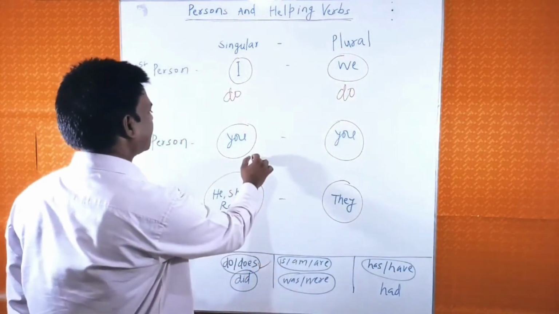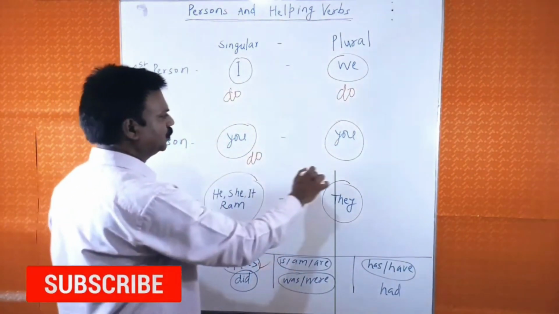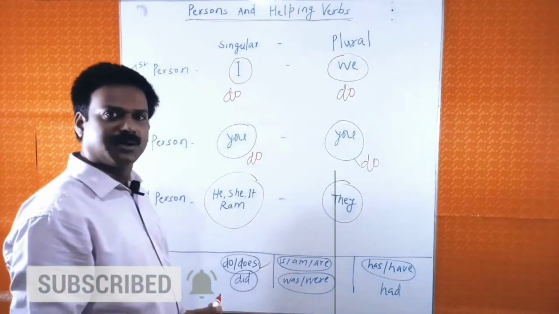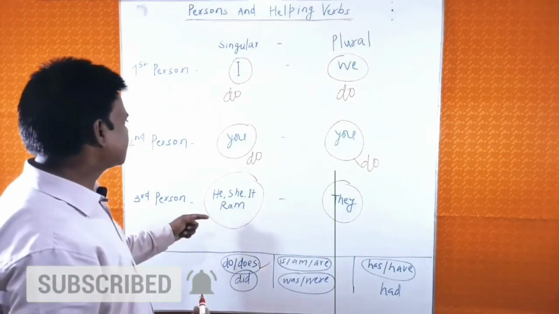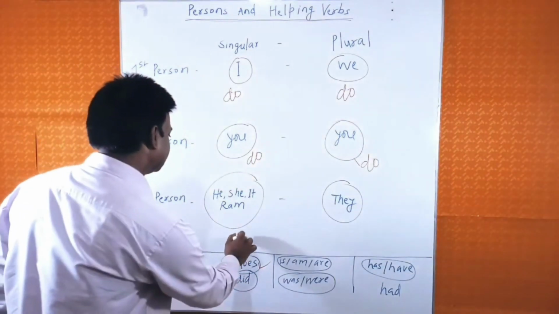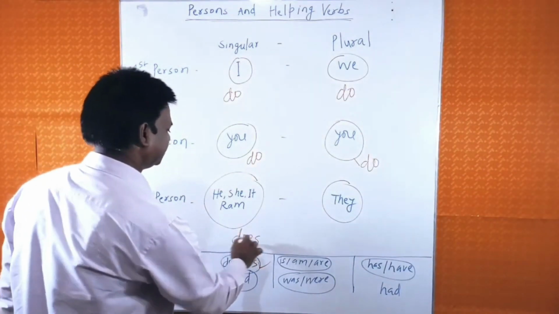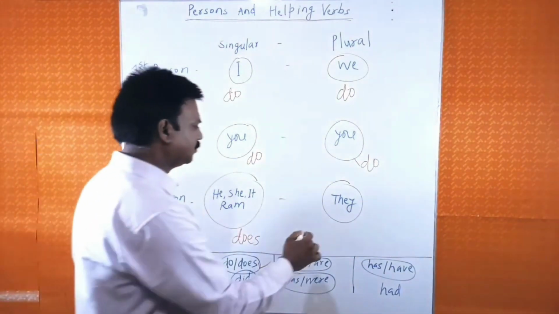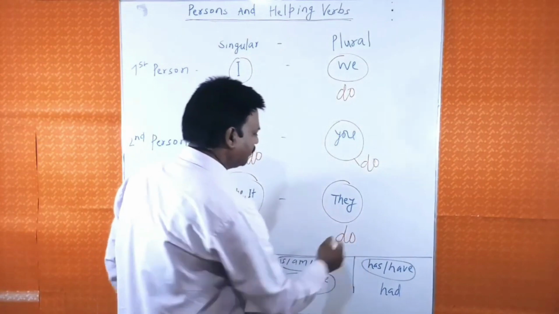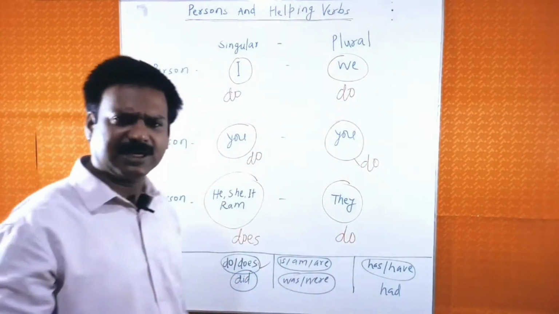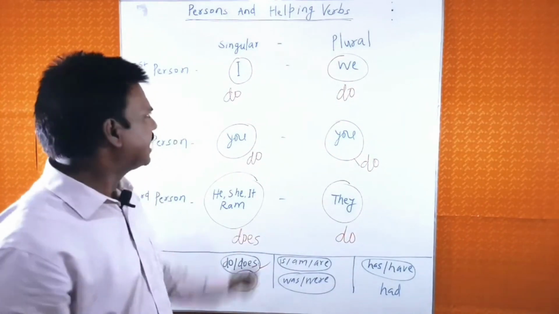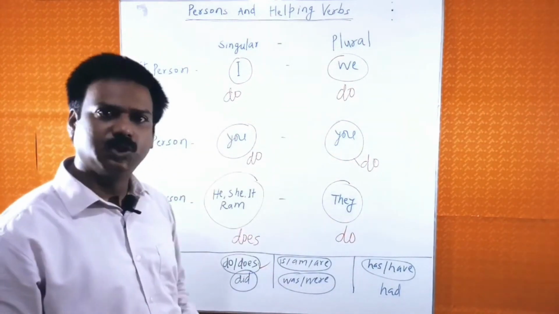We use do with you in both conditions, singular and plural. And with third person singular number we use does, and with third person plural number we use do. Now we see here only third person singular number takes does, otherwise everywhere we use do.